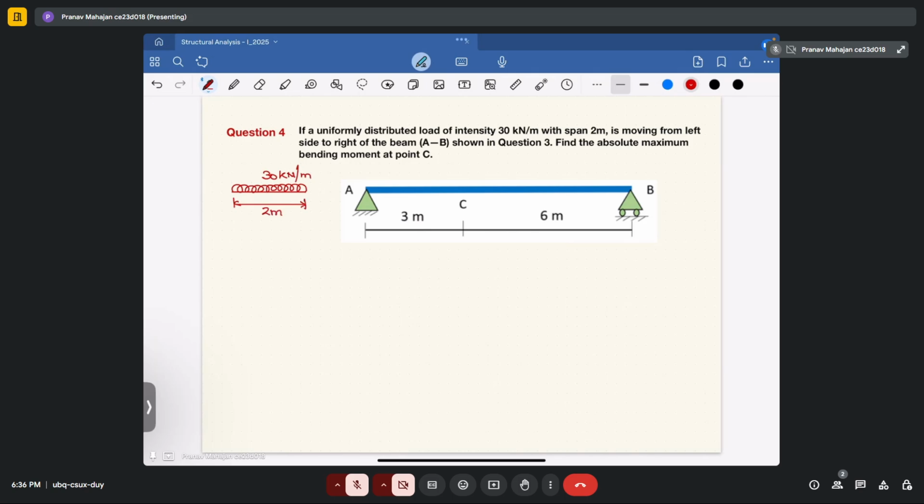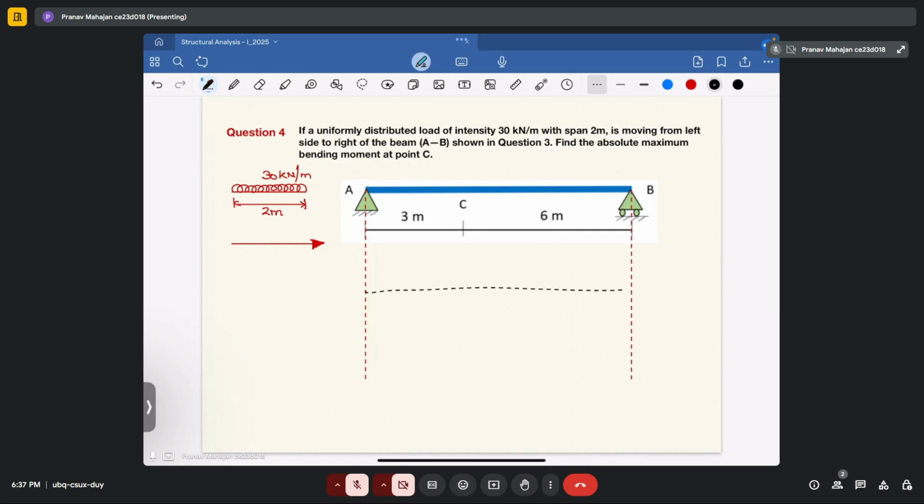So if it moves from left to right on the beam, due to this you are expected to calculate the maximum bending moment that we will observe in the beam. So let's say due to this beam, if there is a point load over the beam, how will the bending moment diagram look like?